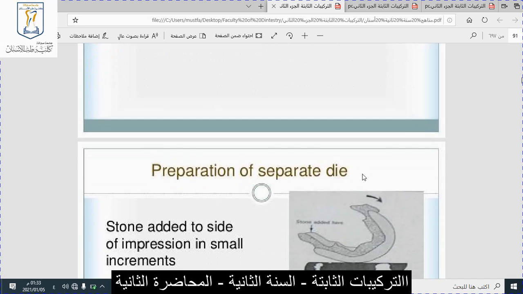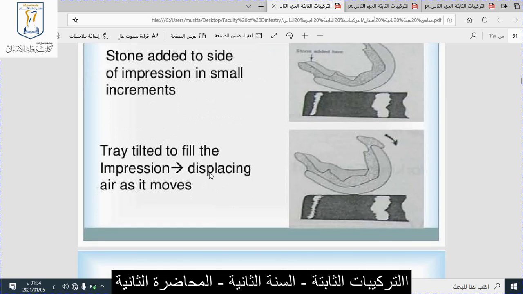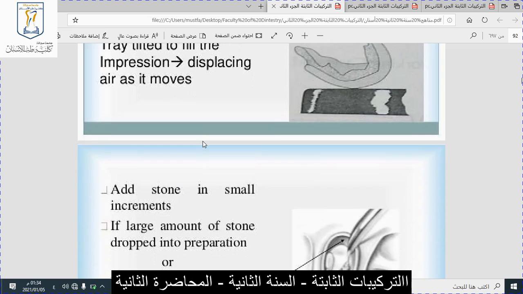Preparation of separated die: stone is added to the side of the impression in small increments to avoid air bubbles, and must be done on a vibrator to reduce air bubbles inside the cast. Tilt the impression to make the air trap outside of the impression.